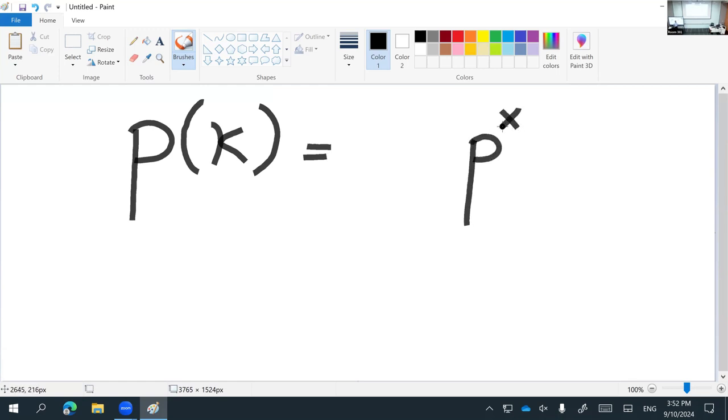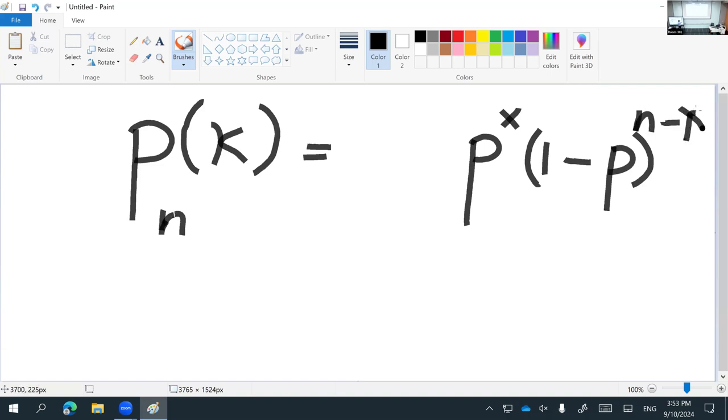So x could be 1, 2, 3, 4, 5. Times 1 minus p to the number of times minus x, right? So let's say n is the number of houses. P is the probability of sales on each house. So that will be n minus x.